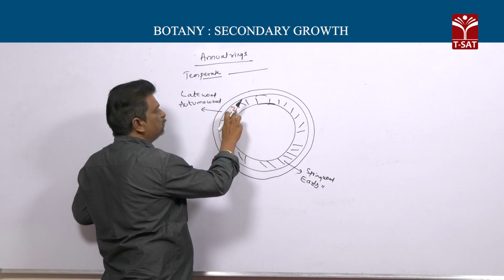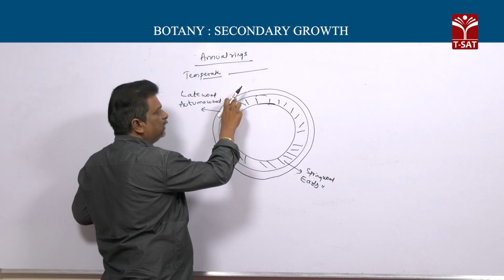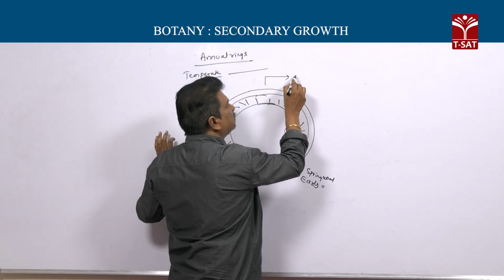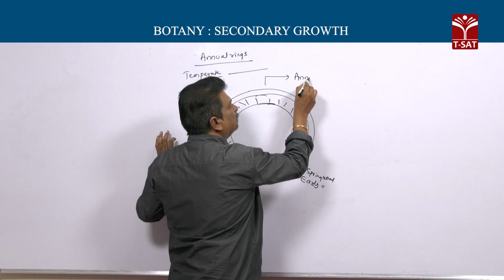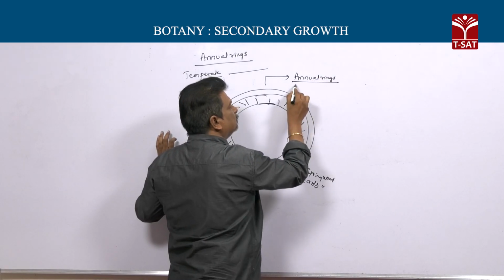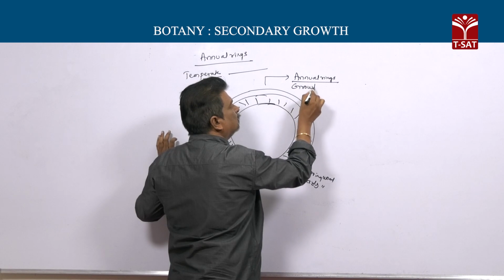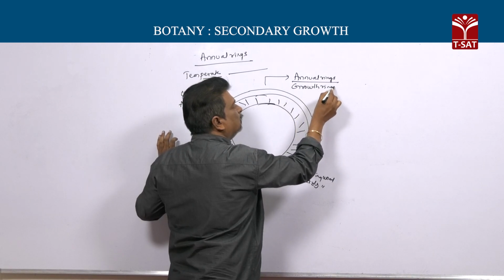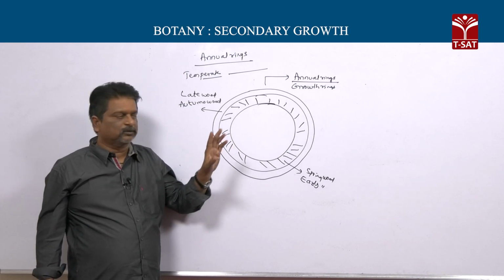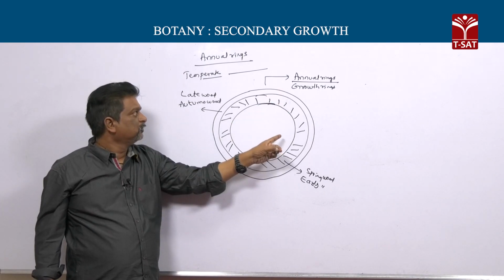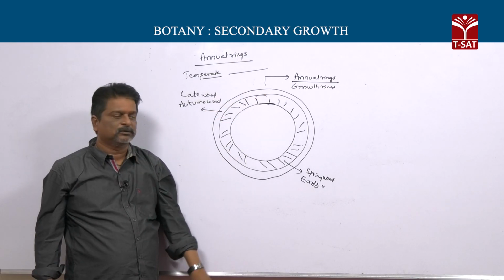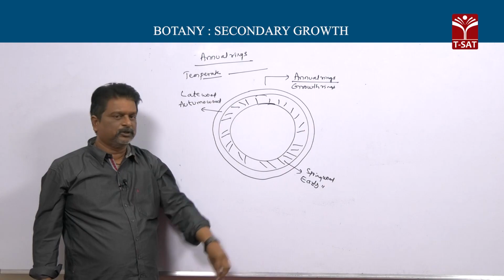For the formation of these two woods, it takes 1 year, so they are rightly called annual rings, or also growth rings. If annual rings are clear, they are called growth rings. In temperate plants, annual rings are clear, so they are called growth rings.